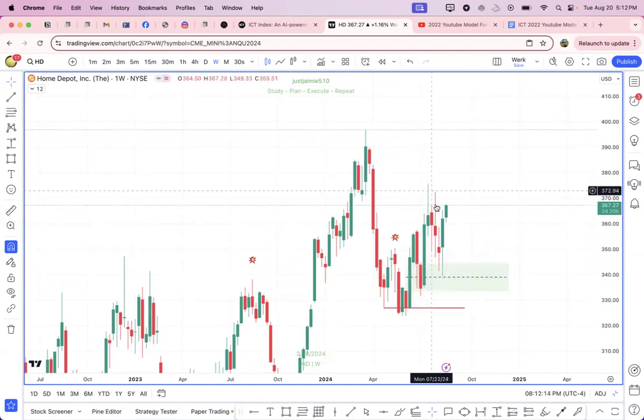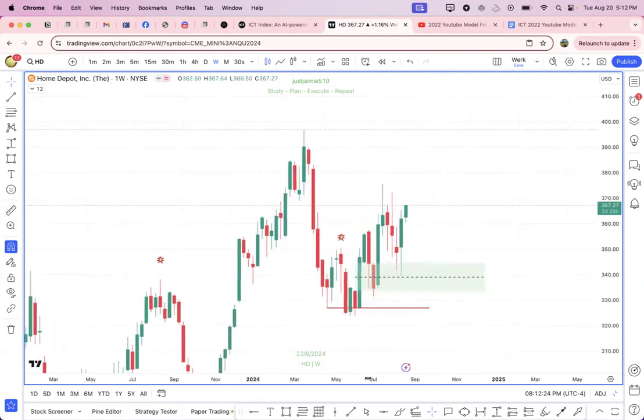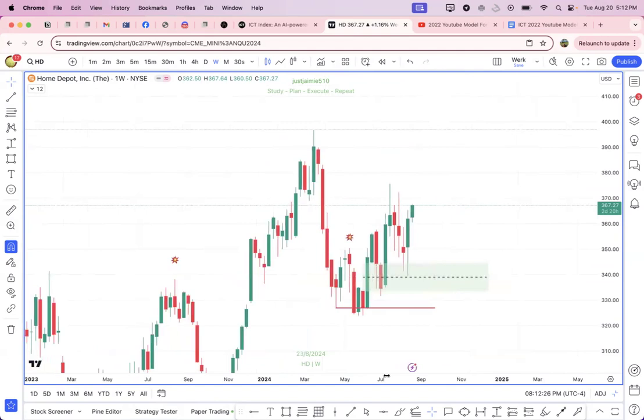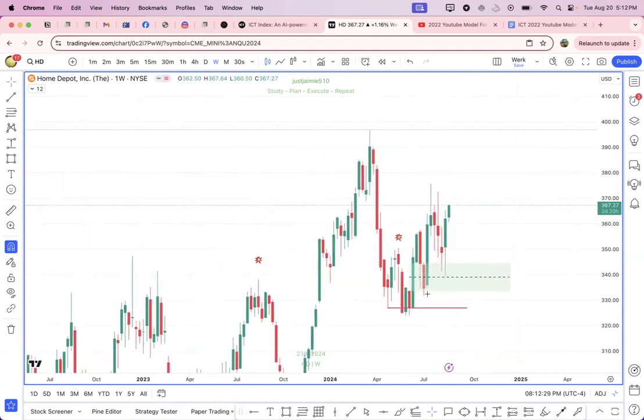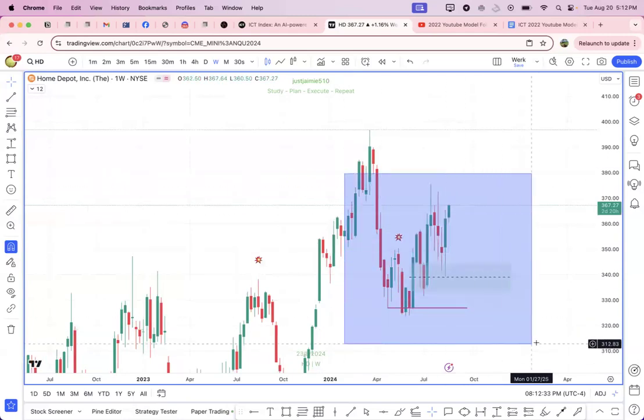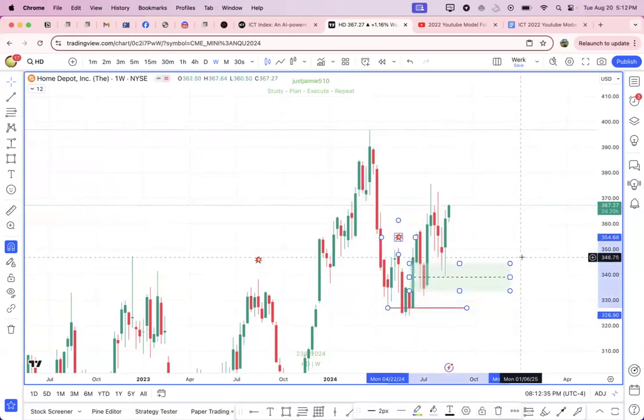Then it pushes up, comes back to this order block, which is also a propulsion block, and comes in there and it's like zoom, zoom, zoom, and boom, boom. That's on the weekly chart. So I'll save that one. Anybody got any questions on those two so far?